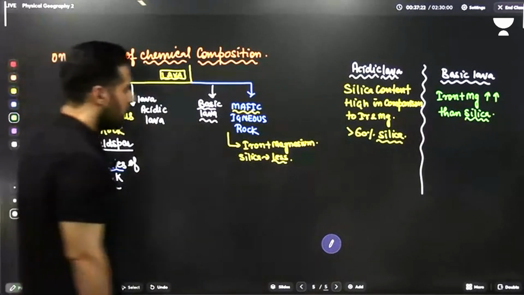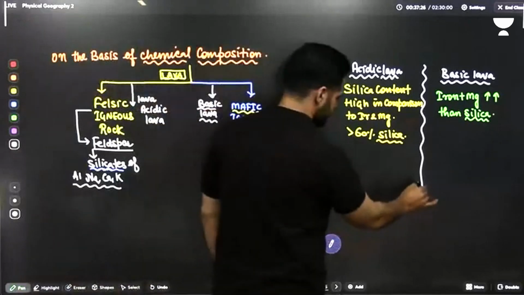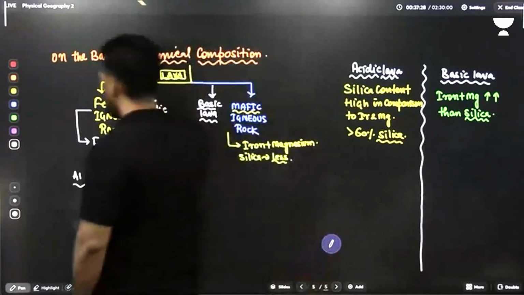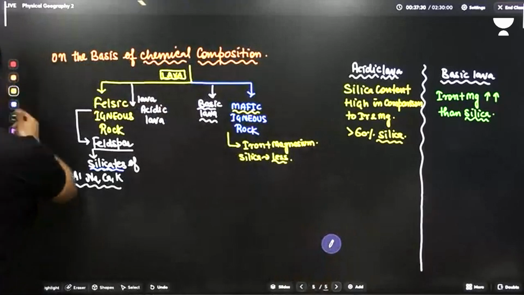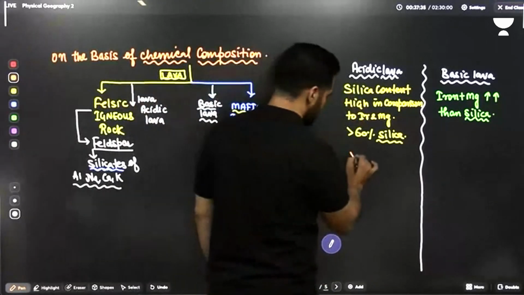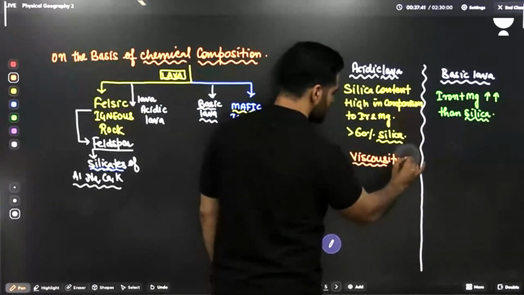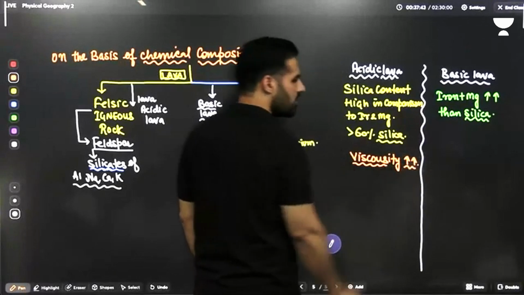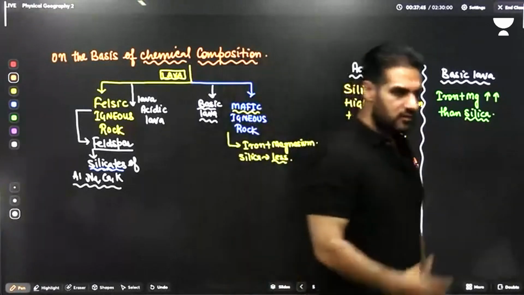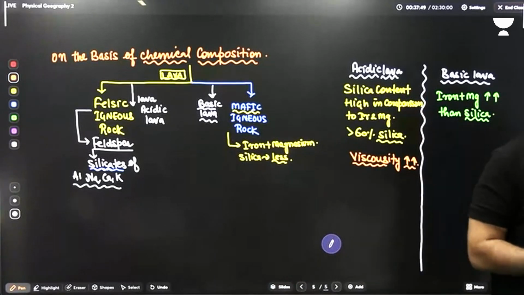Now, when silica content in the rock increases, such lava will be highly viscous. What is viscosity? It is a property of a liquid to remain attached with the solid surface.